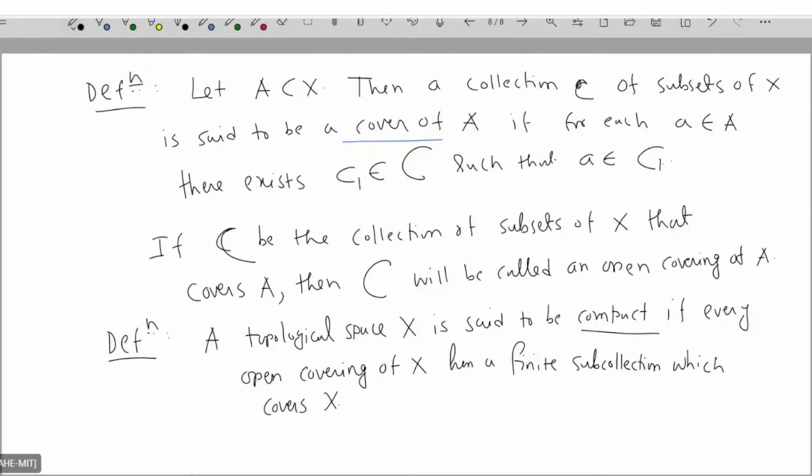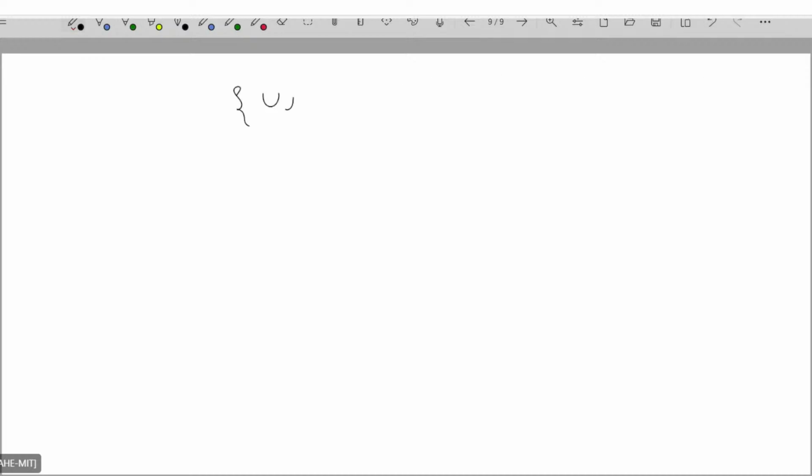Let's say we have a collection of open subsets U alpha such that X is the union over alpha belonging to the index set of U alpha.